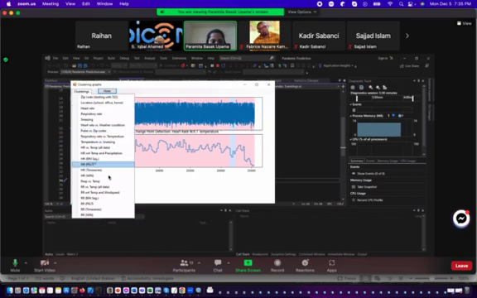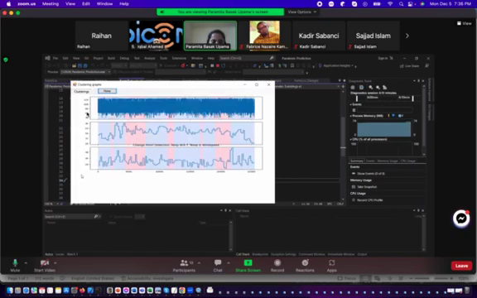So if we go to temperature versus wind speed, or not this one, go to the respiratory rate time series data.